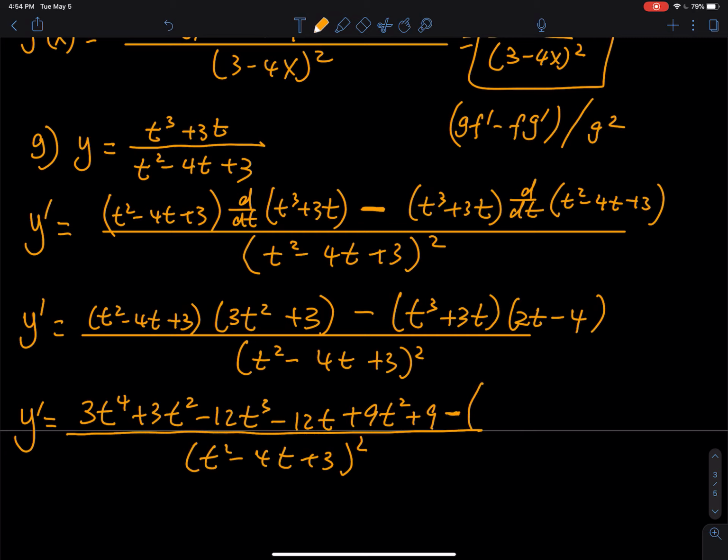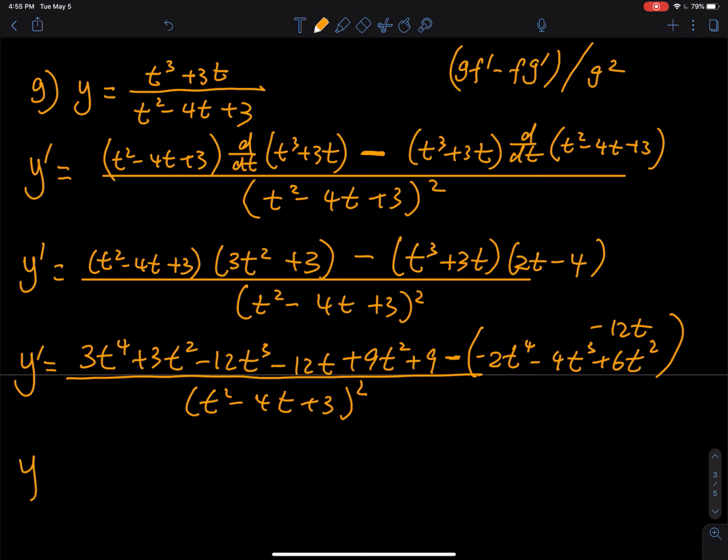That's fine. I don't want to jump too many steps. So that is a negative 4t to the third. Oh, we don't want to go by this order. So that is a 2t to the fourth minus 4t to the third, and then plus 6t squared, and then minus 12t. Okay, simplify. Okay, fourth power, we have a 3 plus 2.